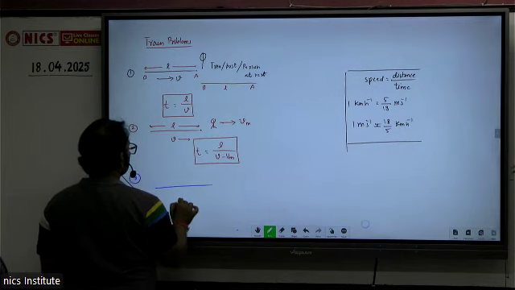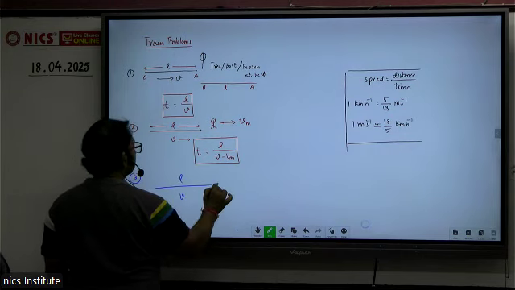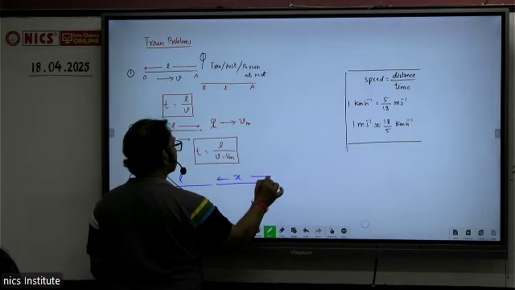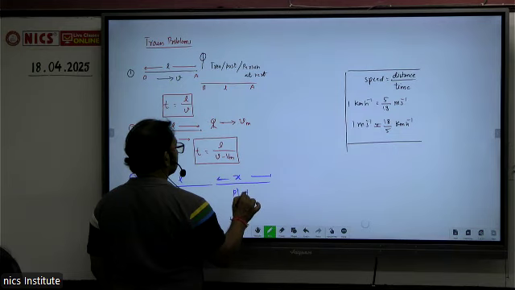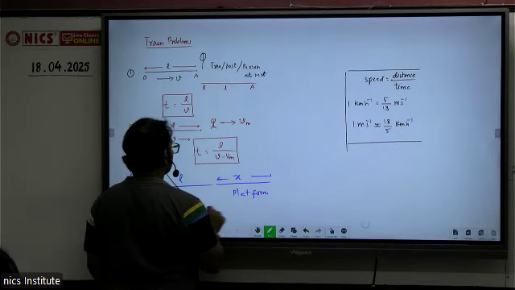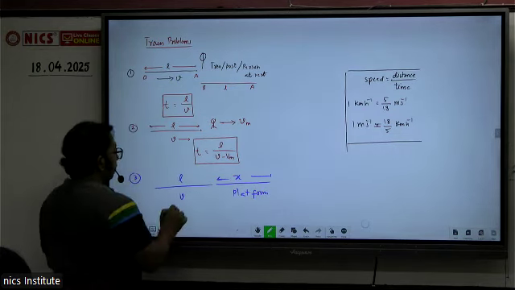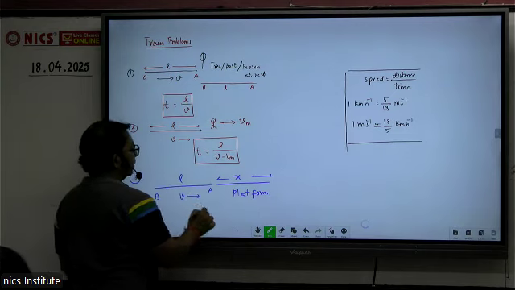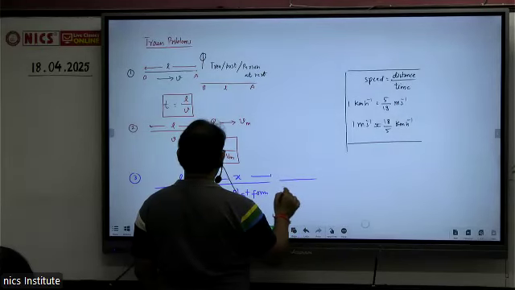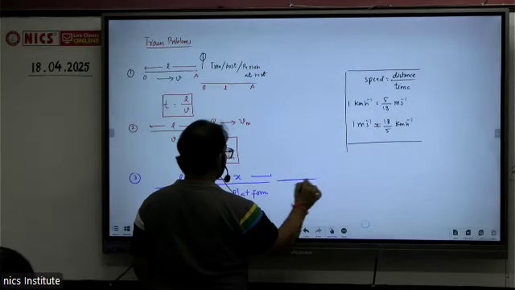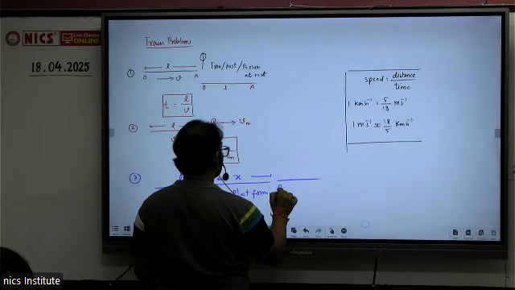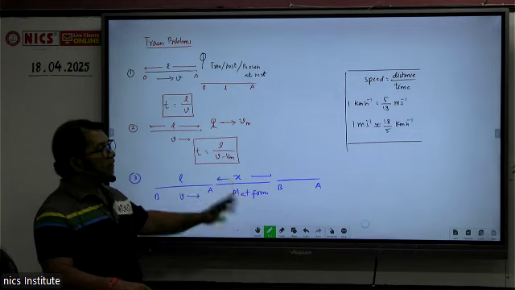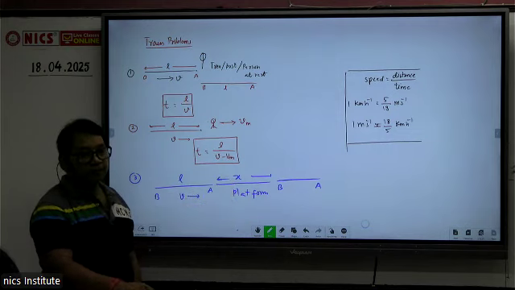Third situation, train, and there's a platform of length x. So how much time will the train take to cross the platform? This time the train has to travel its own length as well as the length of the platform.